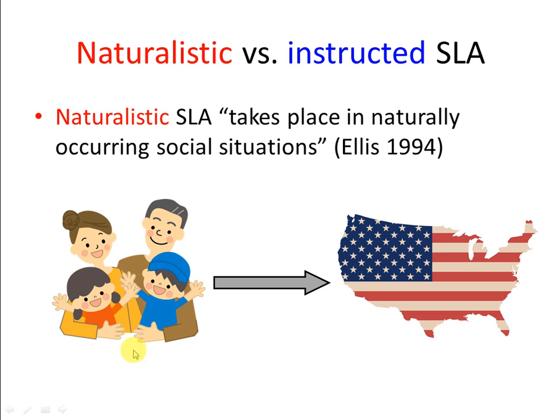So let's say this is a Japanese family, and this family moves to the US. Okay, so these children, maybe they will go to elementary school or kindergarten or daily nursery kind of thing, and they will interact, they will play with other children there, and those other children, they speak English, I guess.